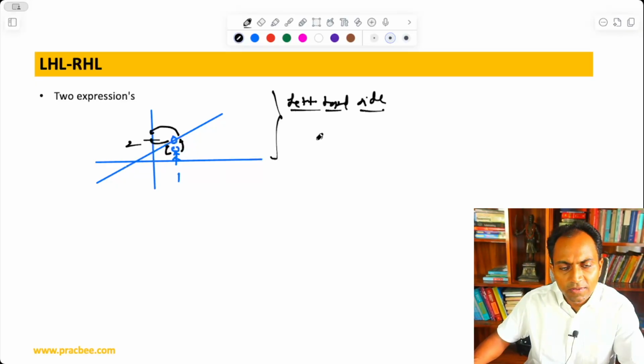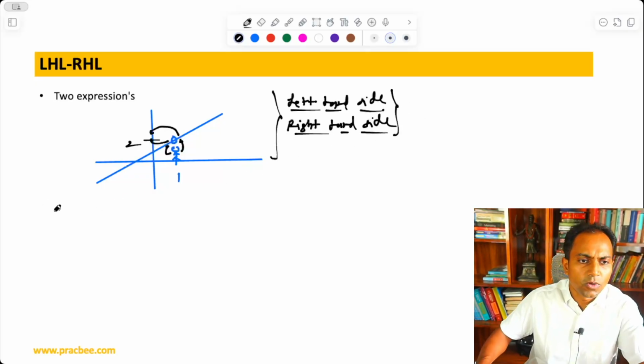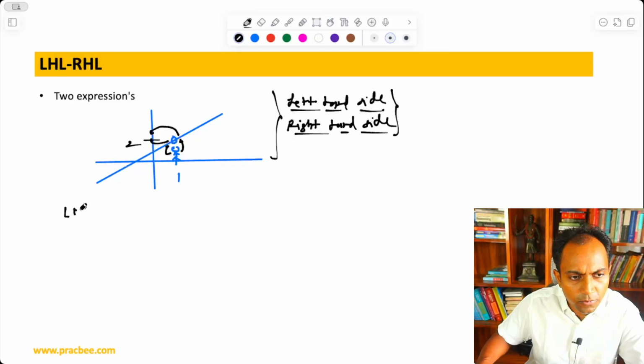Because we are dealing with a straight line, there could be left, there could be right. And this is very important to understand. So what we are saying is, corresponding to this, we can have two different approximate values.